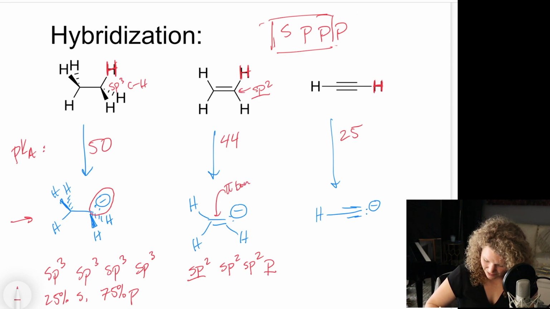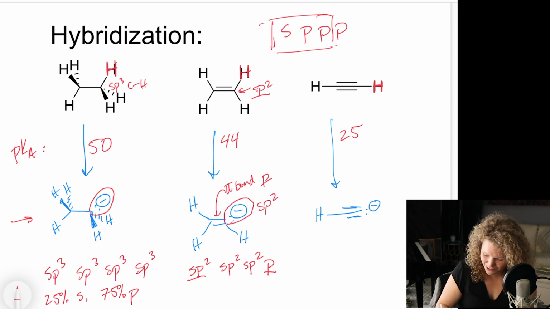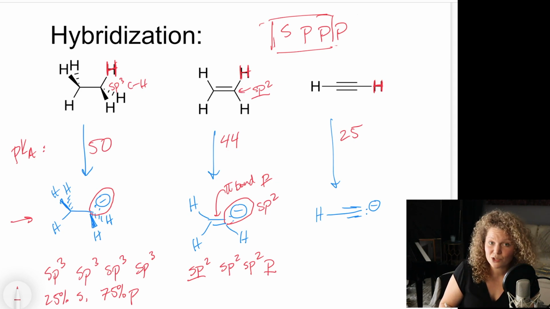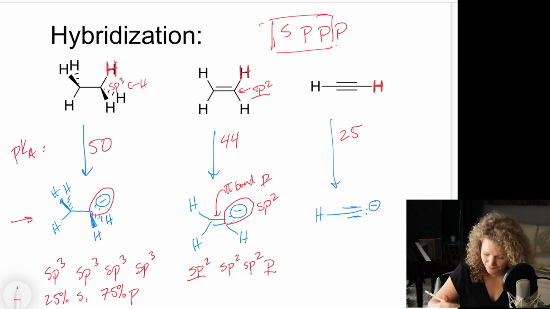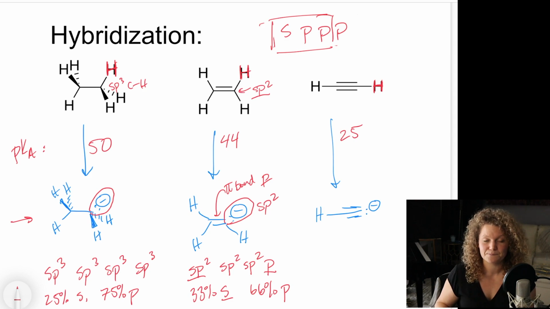It's a pi bond, and it uses its p orbital to make that bond. So this negative charge is hanging out in an sp2 hybridized orbital. Okay, well, an sp2 hybridized orbital means it has 1 part s and 2 parts p. So it's going to be around 33% s character and around 66% p character.